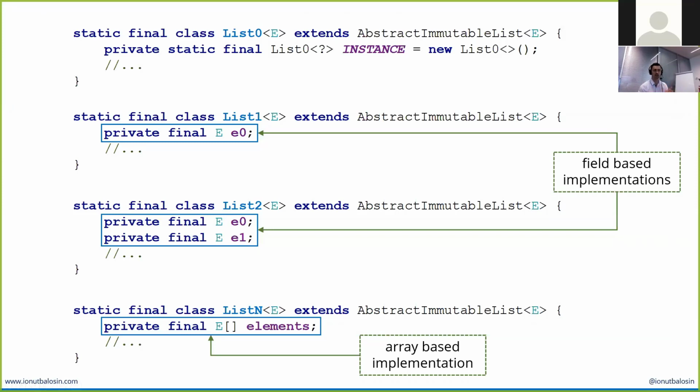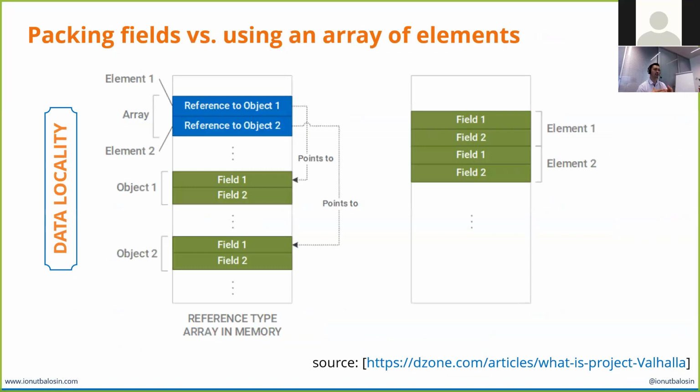First of all, the elements might not be allocated contiguously. Accessing one element using the array approach, you have one more level of indirection, plus when accessing the second element of the array there are better chances of a cache miss.